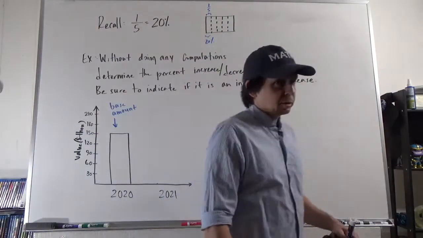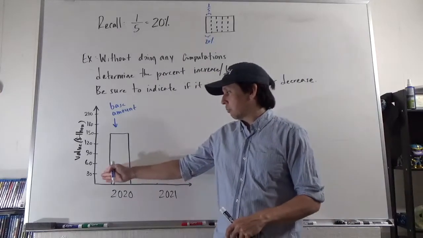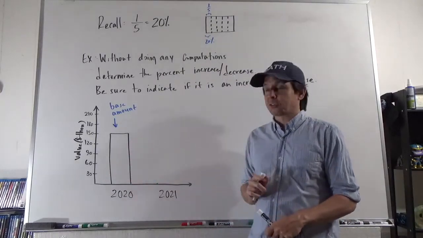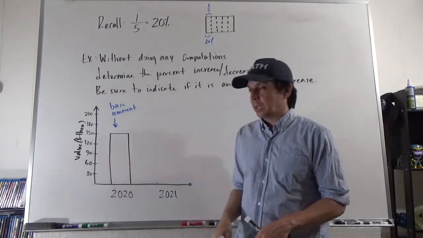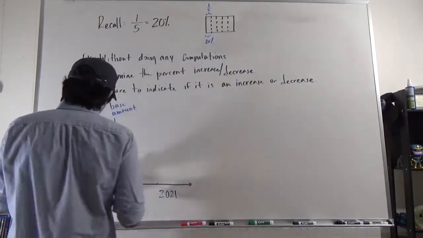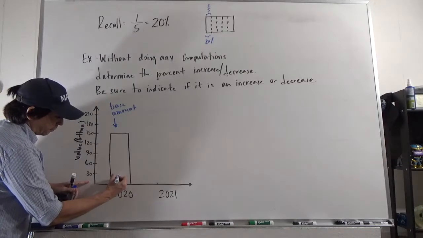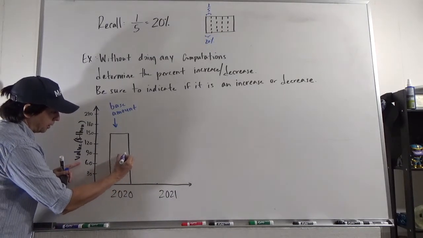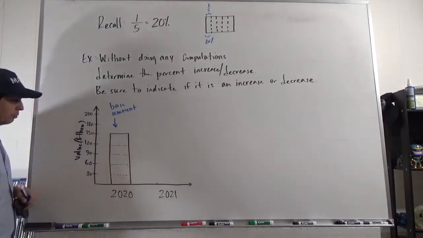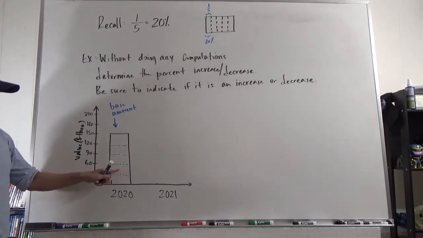What is relevant is that I've marked off my axis so that the original stack, the base amount, is a perfect 5 tick marks, meaning we can easily chop it up into fifths using the guides here. 30,000, 60, 90, 120, and then 150, and that's 5 pieces.